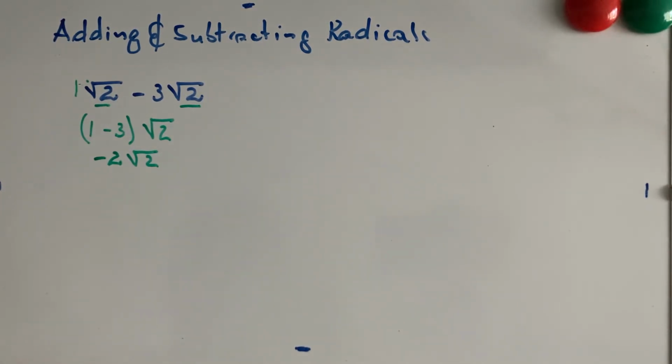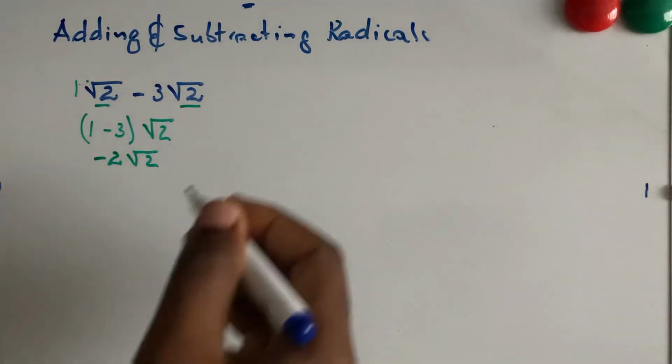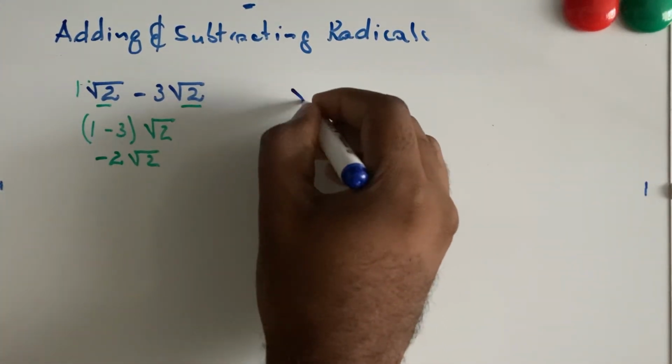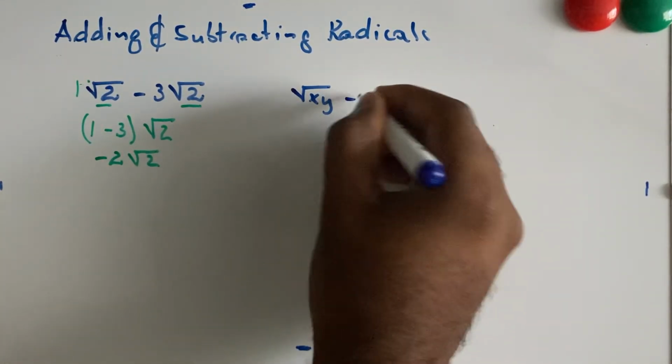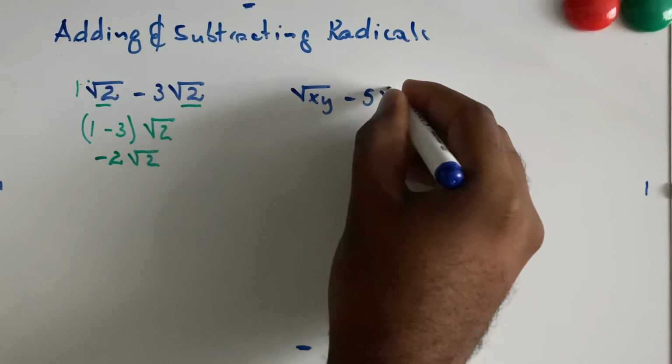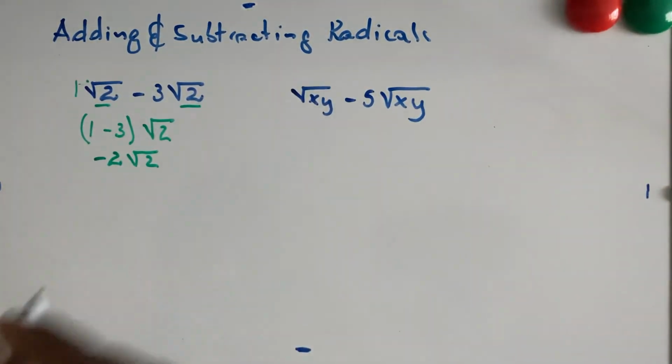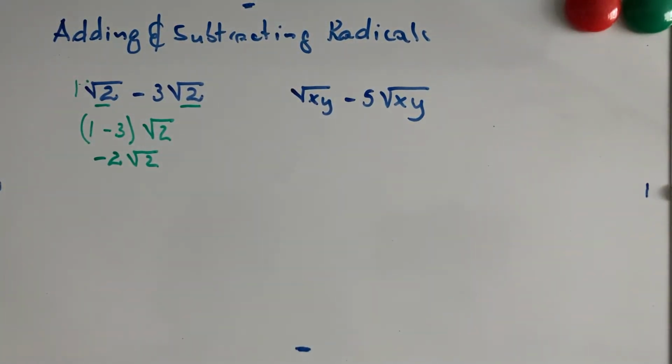Same way if you had something like square root of xy minus 5 square root of xy. Again, nothing more to do here.